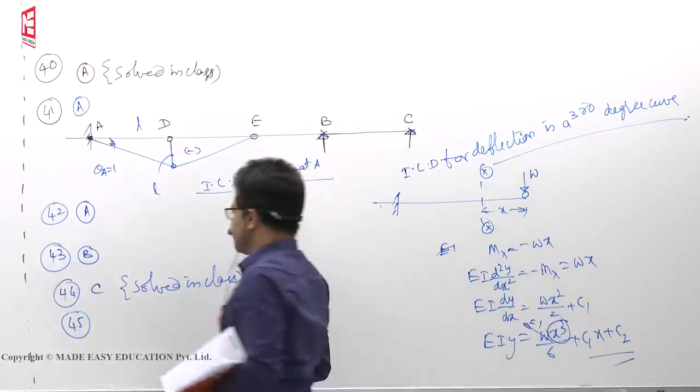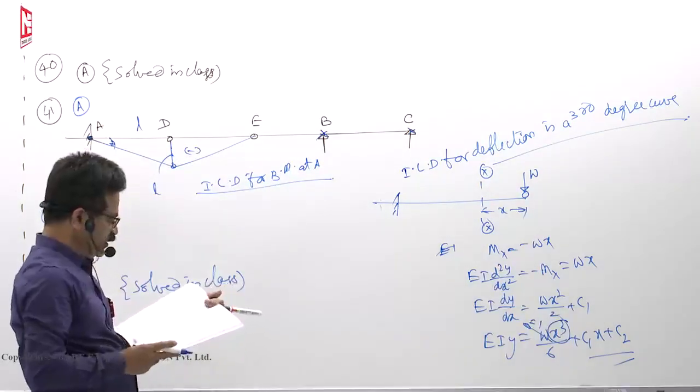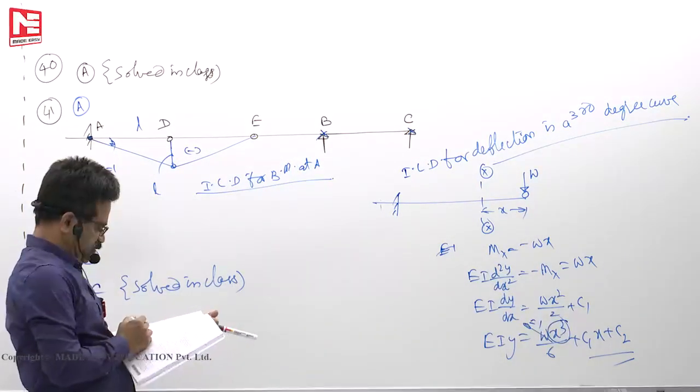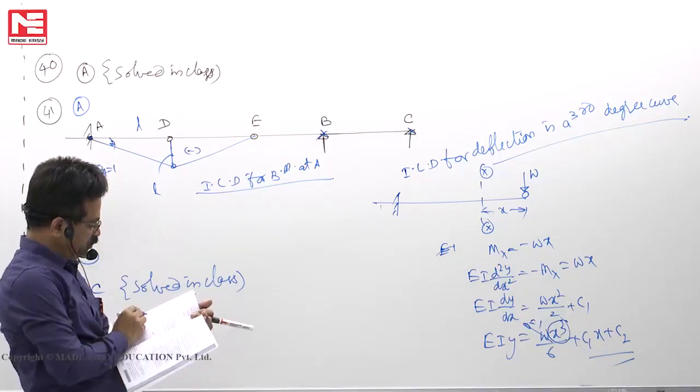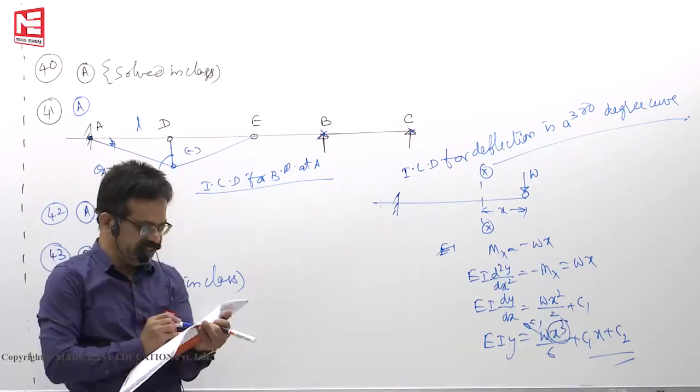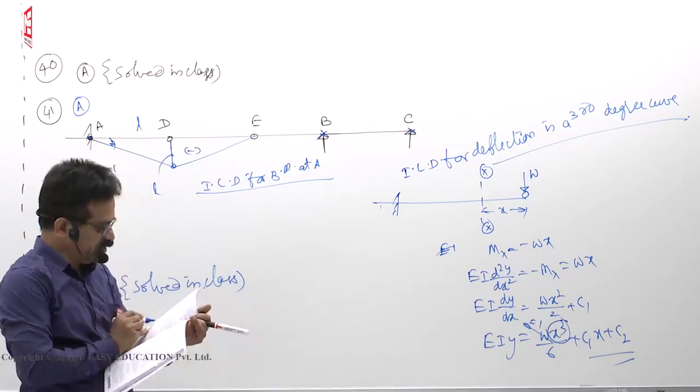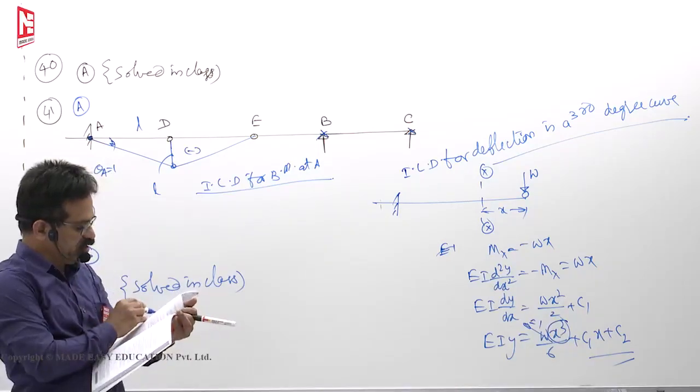Okay. So it is not linear, it is a third degree curve, which means that for the fifth question, second option is wrong. It's not linear. It is a third degree curve. Second is wrong. One is correct.